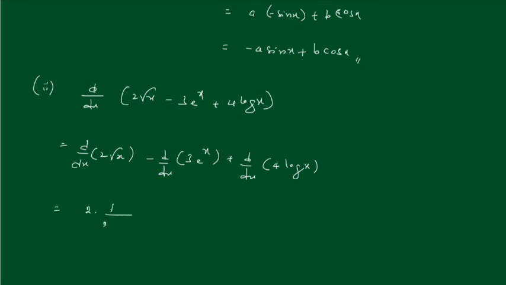So 2 into 1 upon 2 root x minus 3 to the power of x plus 4 into 1 by x, which is equal to, 2 gets cancelled, 1 by root x minus 3 to the power of x plus 4 by x is the required solution.